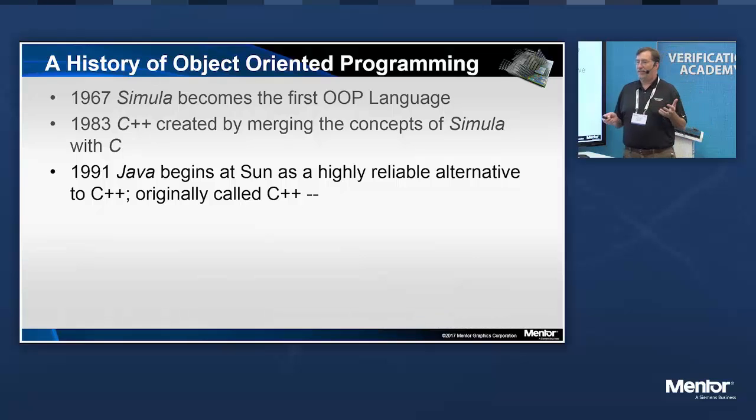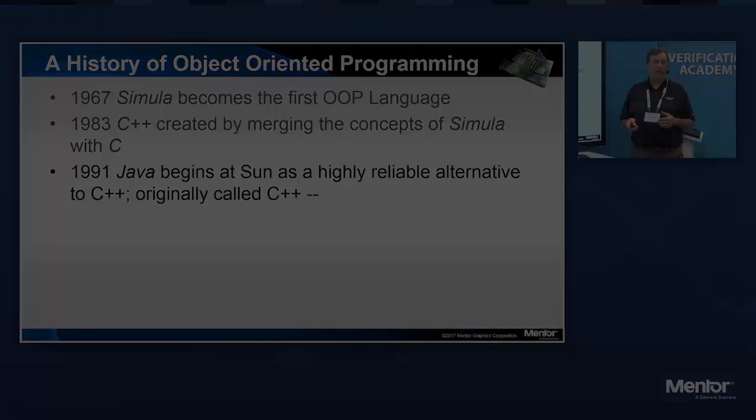And C++, if you've ever coded in it, is very difficult to manage, especially memory. People get a lot of errors. It's hard to manage memory pointers out of bounds. And so Java started out and is still being used very successfully today as a highly reliable alternative.